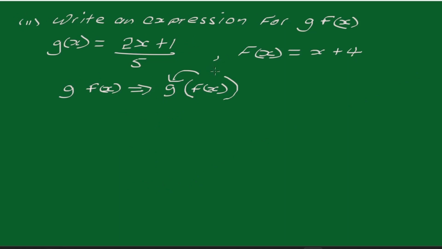Looking at our second question here, we are asked to write an expression for g of f of x. So the function g is this here, and the function f is x plus 4. What we have basically been asked here is to find the function g when f of x is the input to the function g. So we're going to take the entire function f and input it into the function g.